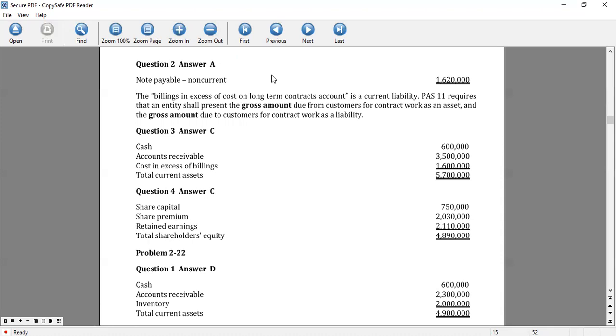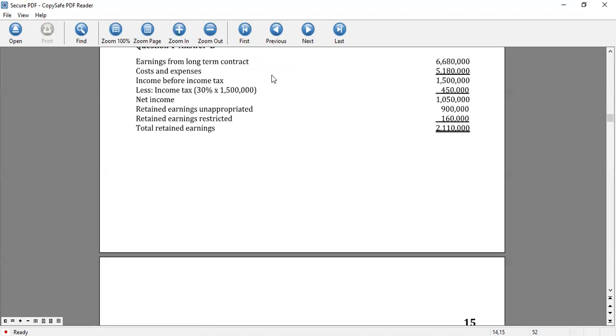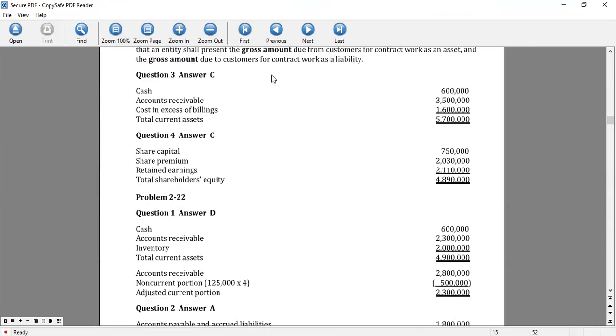We are now in number 4. Share capital 750,000, it's given. Share premium 2,030,000 and retained earnings of 2,110,000. That's now your retained earnings in requirement number 1.